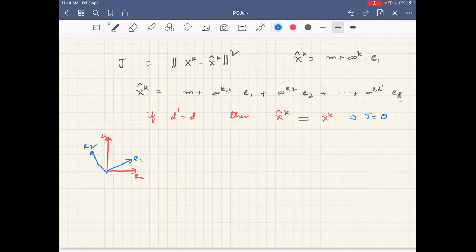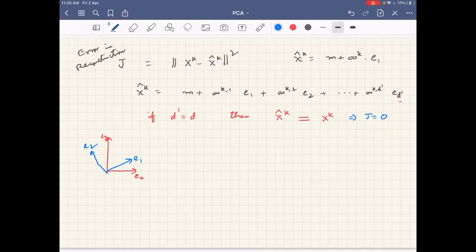Now let us see if we consider xk hat with only d dash dimensions, how does this vary? If we consider all directions as discussed here, the error is 0.